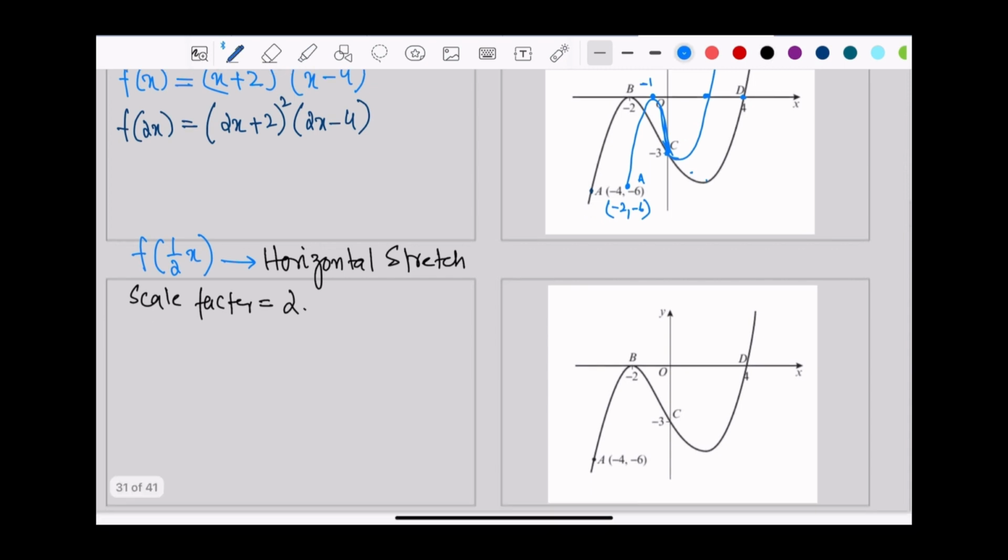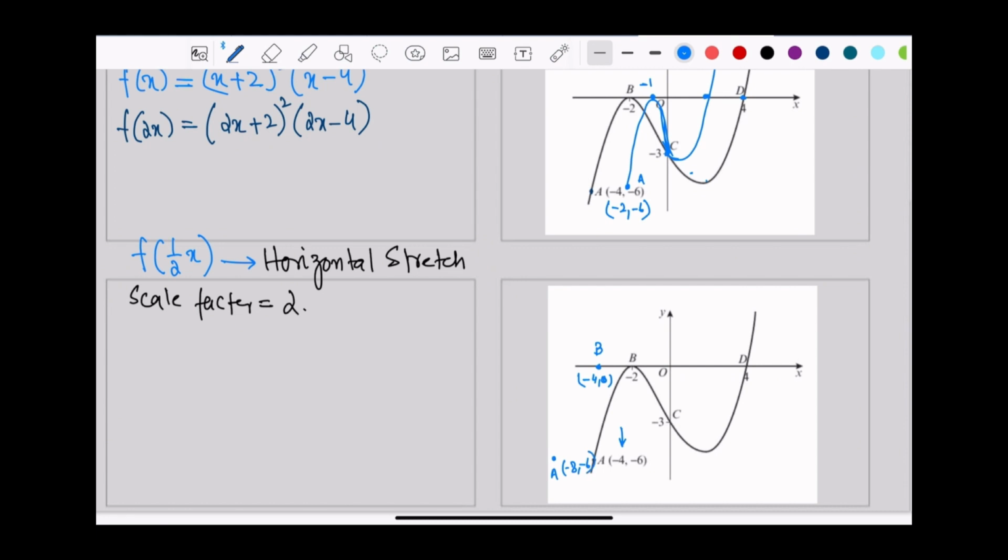Now, writing down the coordinates here. So A, which is at negative 4 comma negative 6, so the x coordinate here is negative 4. Multiply it with 2 gives you negative 8 comma negative 6. So somewhere here, just assuming this is our A point, B is going to be negative 2 comma 0, which will eventually be times 2, negative 4, so negative 4 comma 0, and this is B. Now this is A, which is now negative 8 comma negative 6.